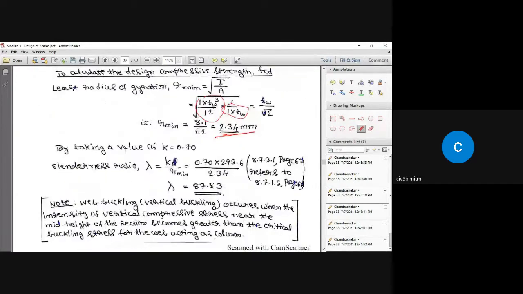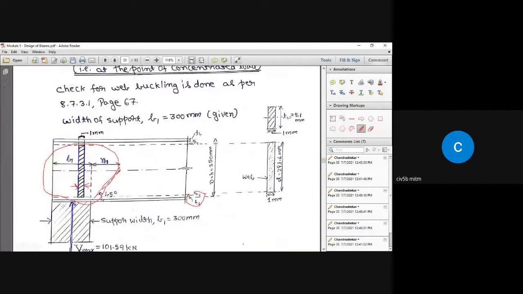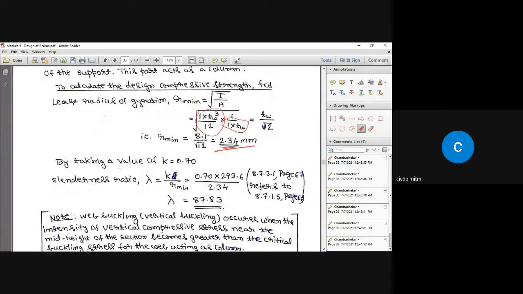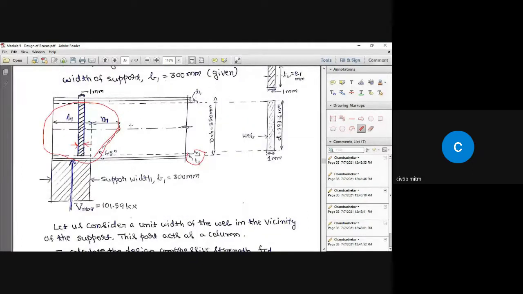Okay, so the FCD value is for unit area, multiplied by the area over which this concentrated load is distributed, which is equal to (B1 plus N1) multiplied by the thickness of the web, which runs perpendicular to the paper. B1 plus N1 multiplied by the thickness of the web will give you the area, and multiplied by FCD will give you the design compressive strength of the web portion in this area.